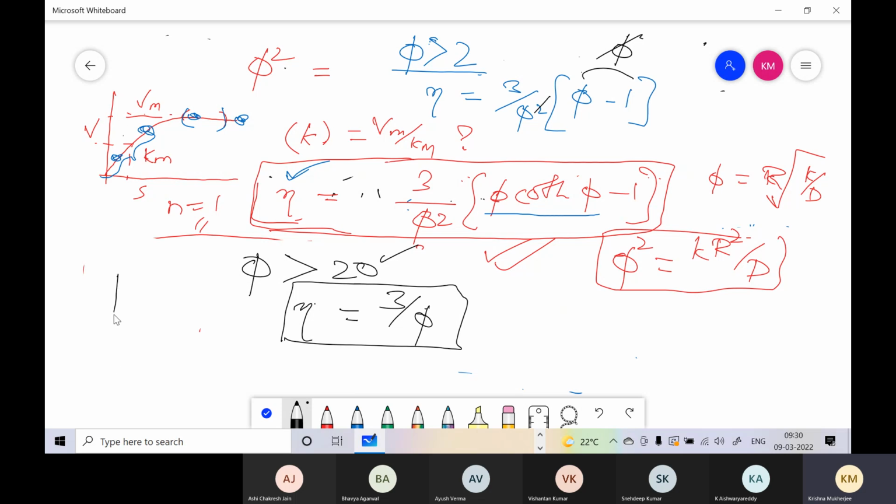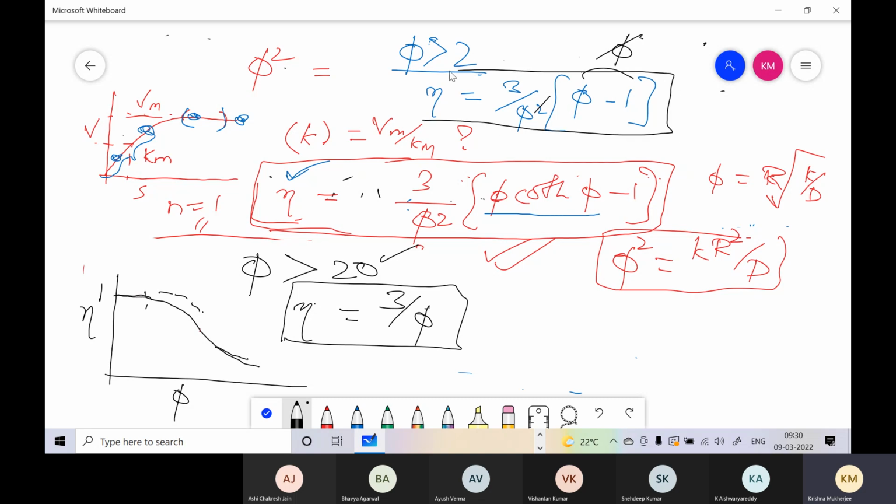So that makes sense. So really the plot of efficiency factor versus phi goes like this. So in the beginning it is equal to 1 for small values. In the intermediate zones greater than 2, it is given by this expression here.